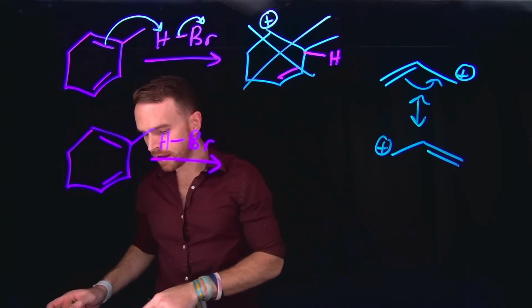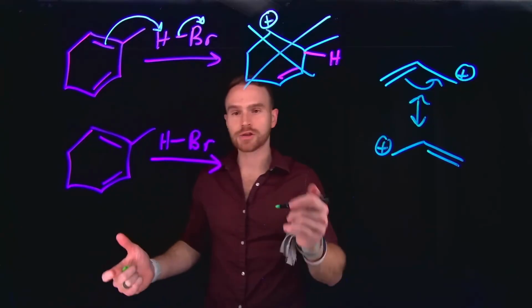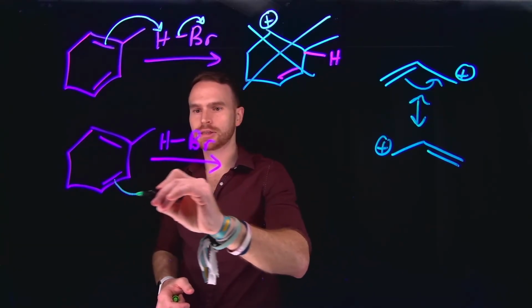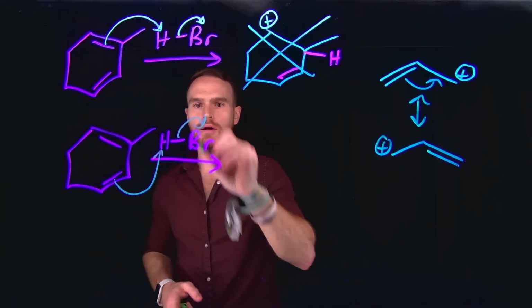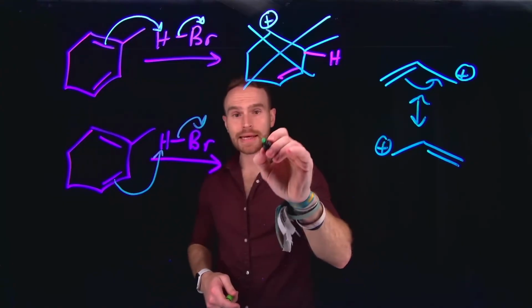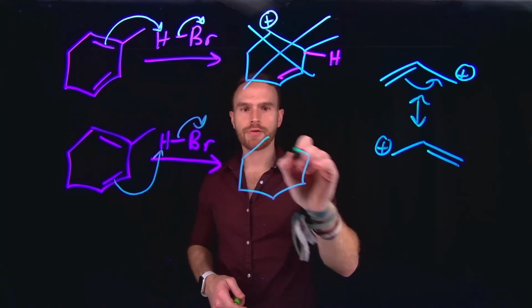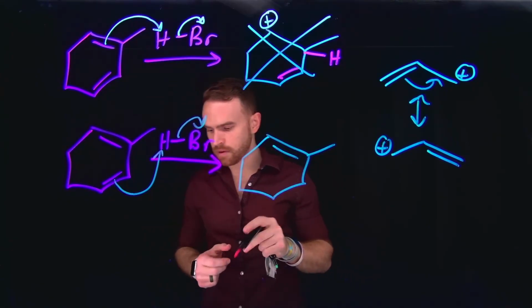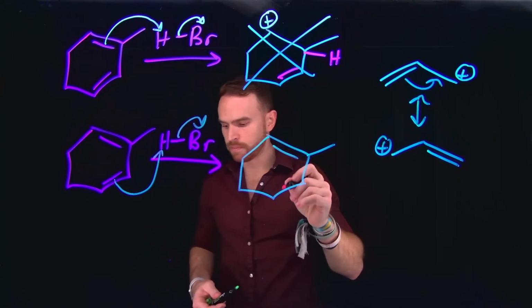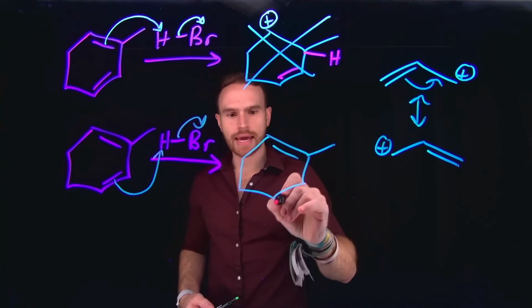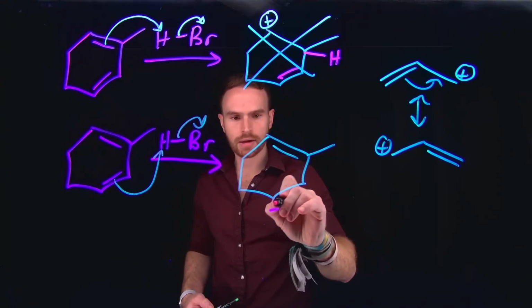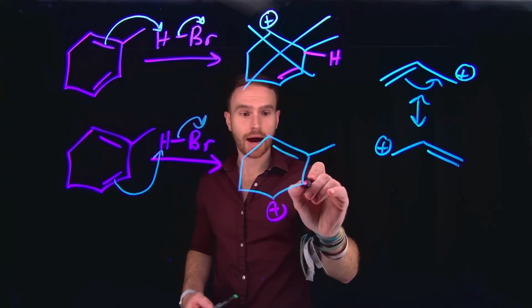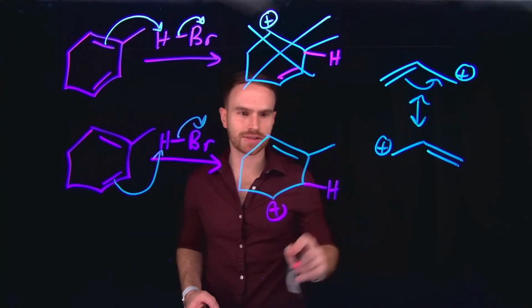Similarly, you might have predicted that the interaction would occur at this pi electron, kicking off these, leaving behind another carbocation where you have added the proton at the position that would create a carbocation here, which means that the hydrogen was placed at this carbon.